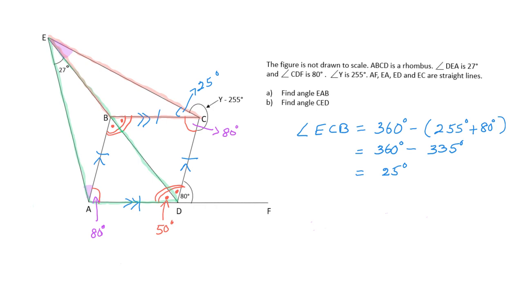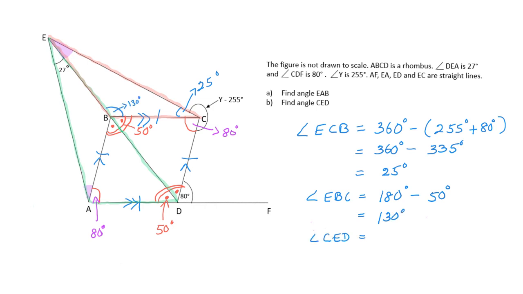Therefore, ABC is equal to 100 degrees. And angle CBD is half of it, which is 50 degrees. Therefore, this is 50 degrees. Next, we can calculate the value of angle EBC, which is 180 degrees minus 50 degrees, which is 130 degrees.